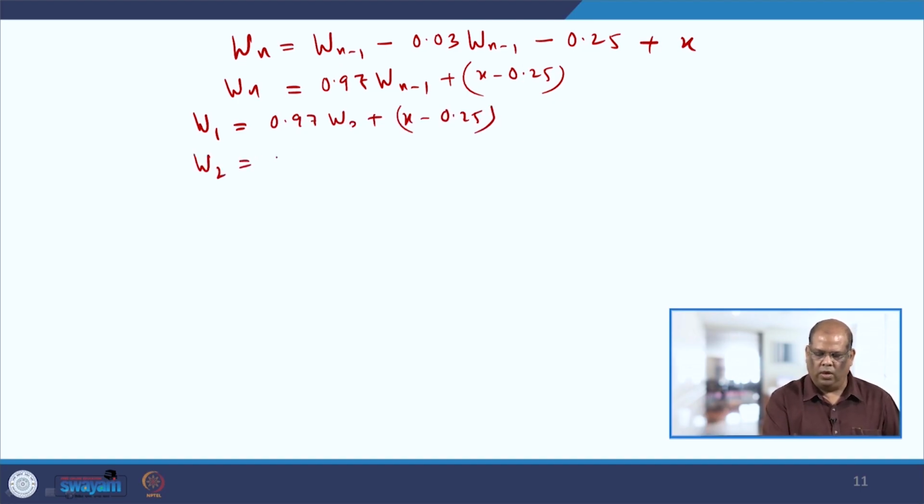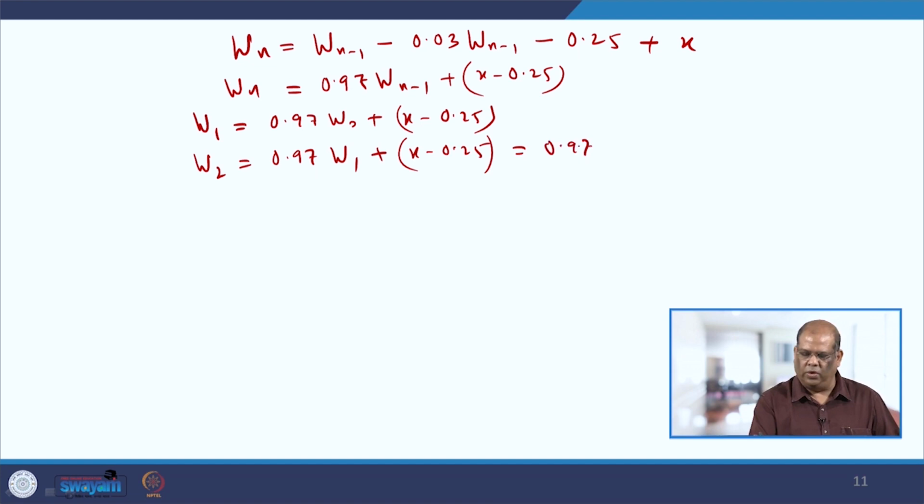W2 is 0.97 W1 plus x minus 0.25, and you substitute W1 equal to this.